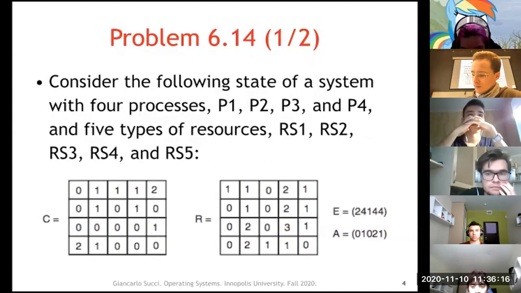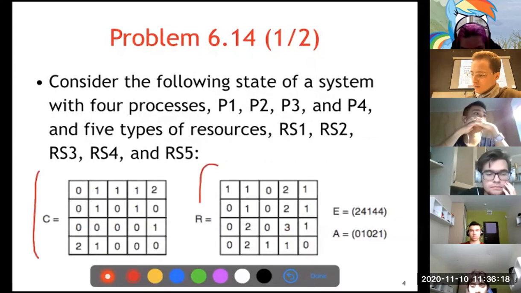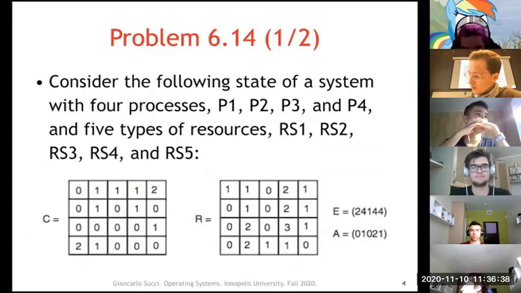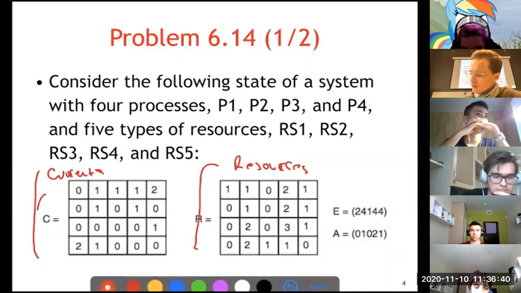So what are these? These are the resources. Resources. These are the currents. Isn't it request? It's the right matrix, it's not resources, it's requests. Or these are the currents.